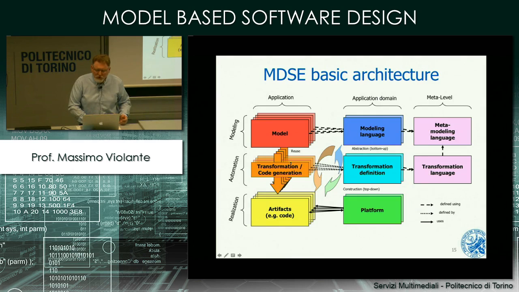Then the transformation rules will take care of taking all the Simulink blocks and translate them into a piece of C code, and then glue together properly this code to have a set of C functions whose behavior is exactly the same of the Simulink model. Okay? This is done through a suitable tool, the code generation tool, that exploiting transformation definition translates the model into an artifact. For example, a piece of code.